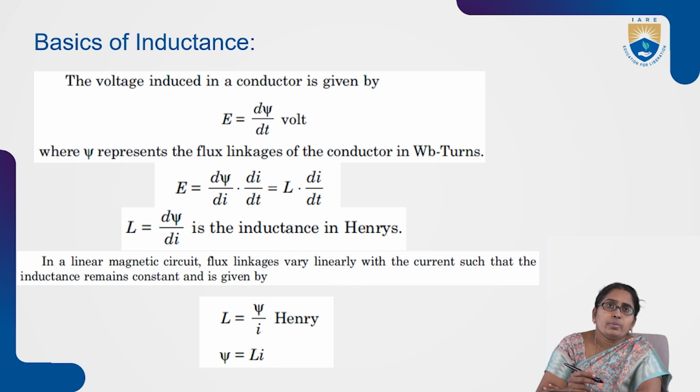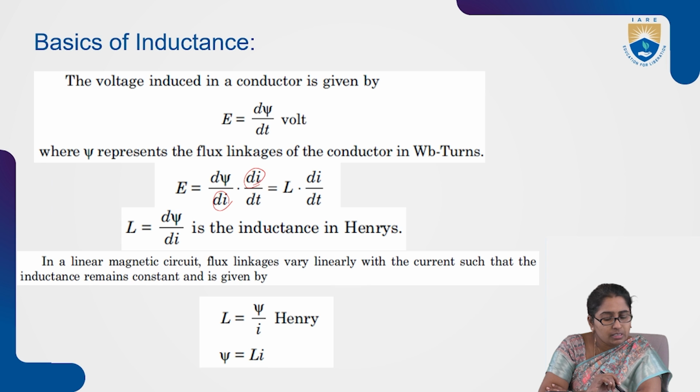Now the same expression can be written as dψ/di into di/dt, multiplying and dividing with di. So it is written as dψ/di, which is L, nothing but inductance, into di/dt.